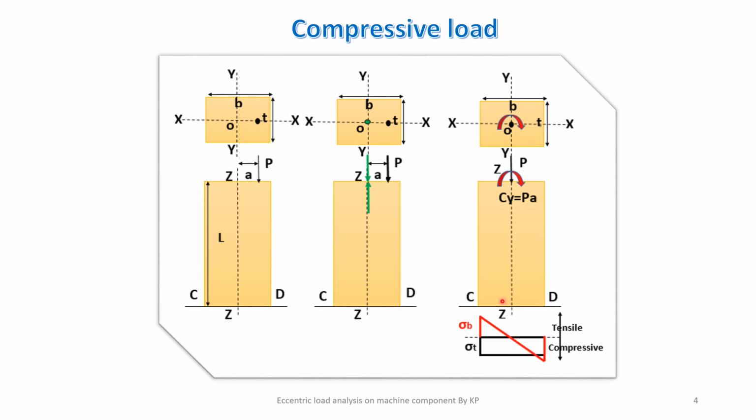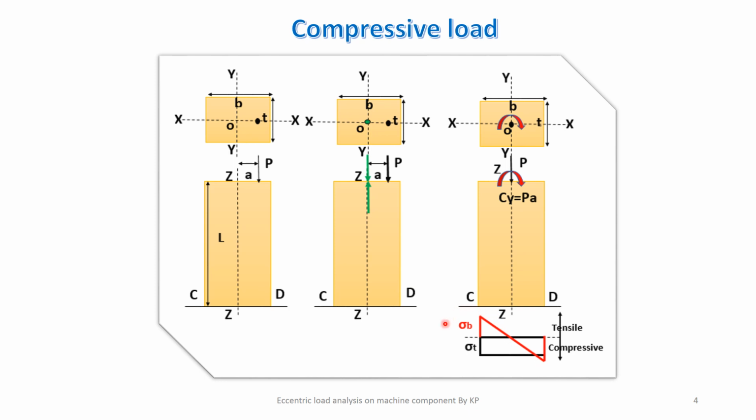And if you see the bending stress on the C side, the bending stress is tensile in nature, and on the right side the bending stress is compressive in nature, because this side tends to compress and this side tends to expand. That's why on this side there is a tensile stress and on the other a compressive stress. At the center the stress is 0 and it is a linear distribution.